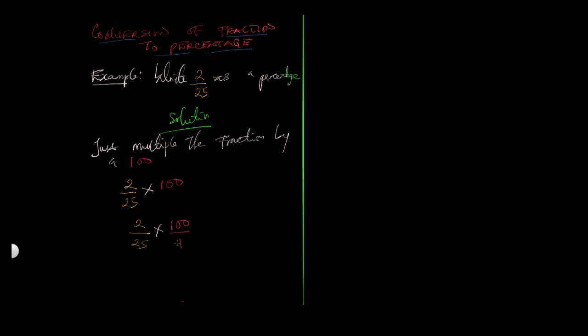And when we are doing that, if you want to multiply 2 times 100 to give you 200, that is correct. If you want to then divide it by 25, that is correct. But it might be too much for you.